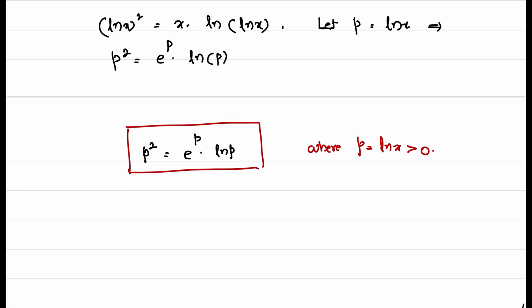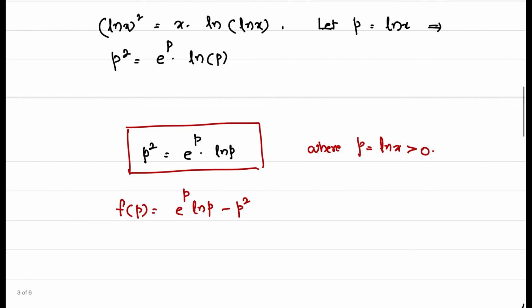Now, it is a transcendental equation. Function p is equal to e to the power of p ln p minus p square is equal to 0.